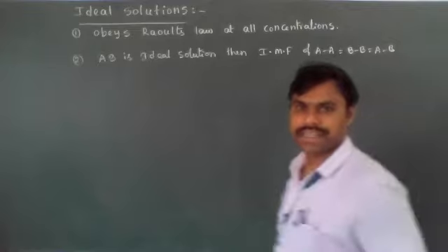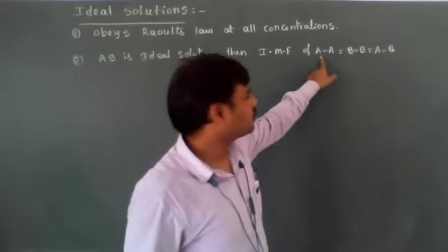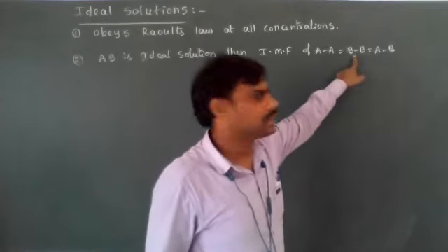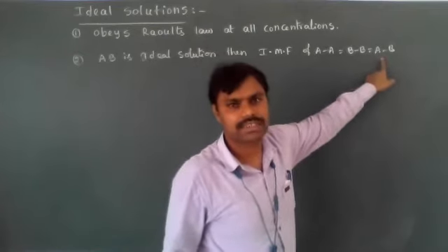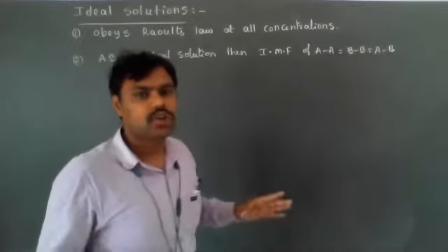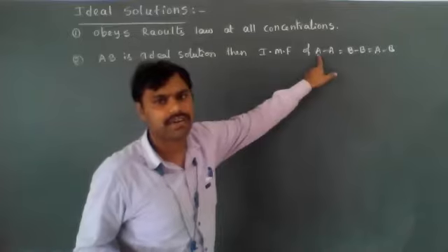Okay, students. So the intermolecular forces between solvent molecules are equal to the intermolecular forces between solute molecules, which are equal to the intermolecular forces between solute and solvent when the solution is an ideal solution. So the intermolecular forces are equal.